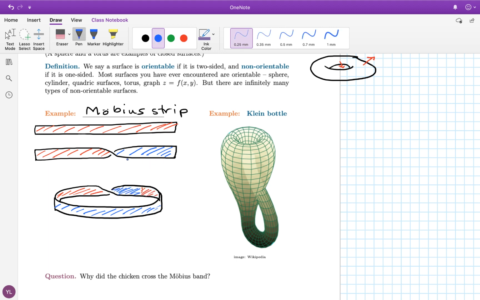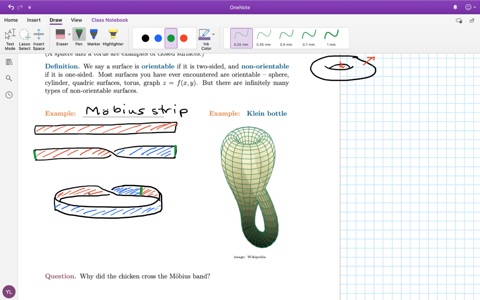Okay, so if you can follow this, what I did was I took this twisted band with the front side red and back side blue, and I took this part and glued it to that part, which became this seam right here, like that. There's the gluing point. And like I said, the red and blue sides are no longer distinguishable. They're kind of connected to each other.